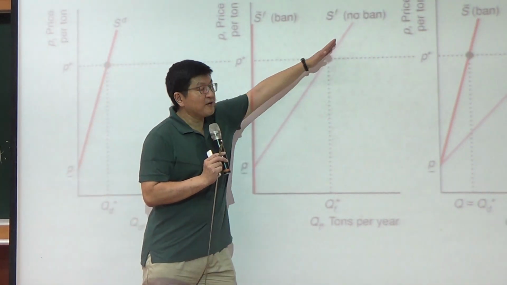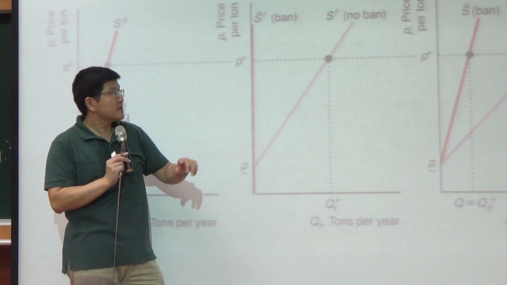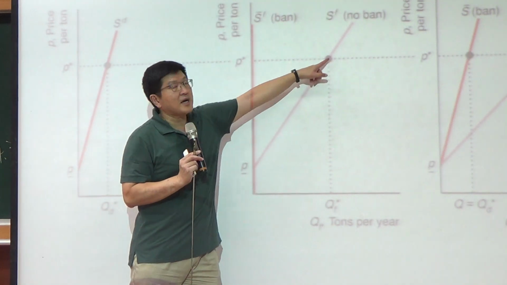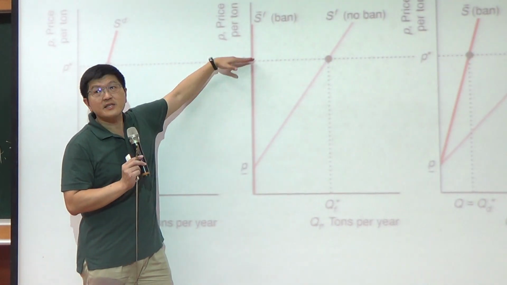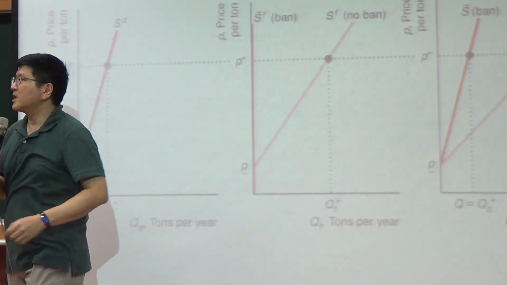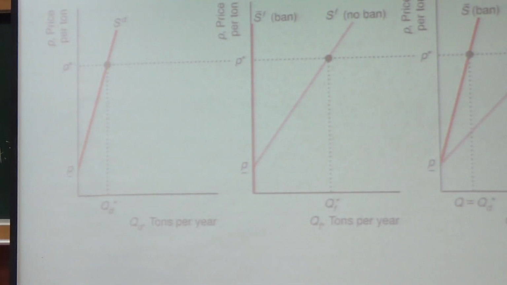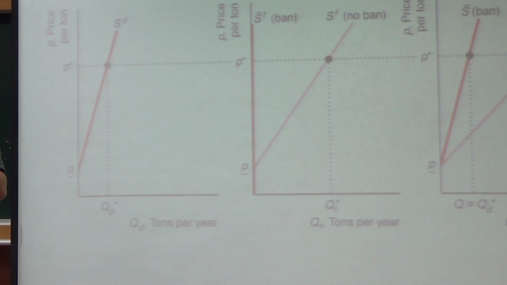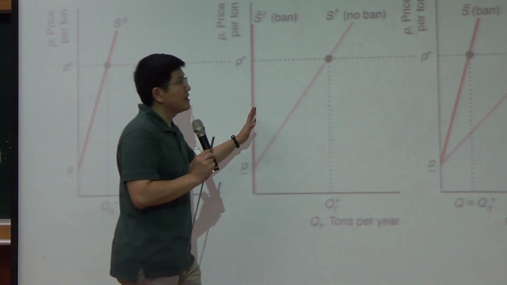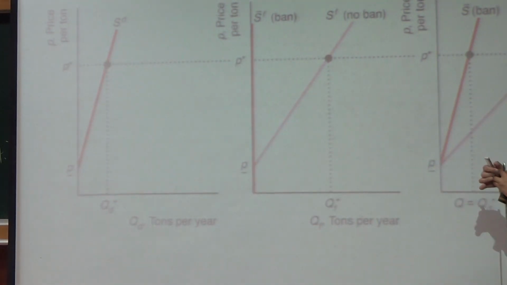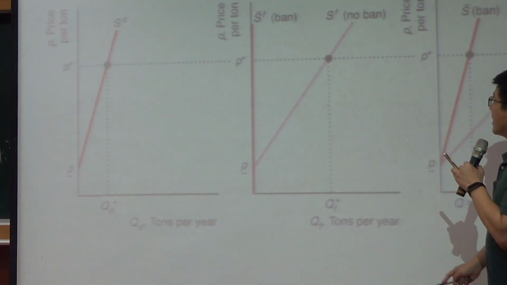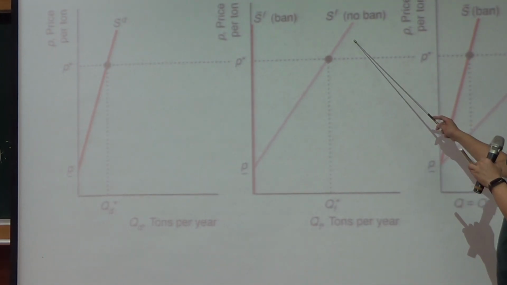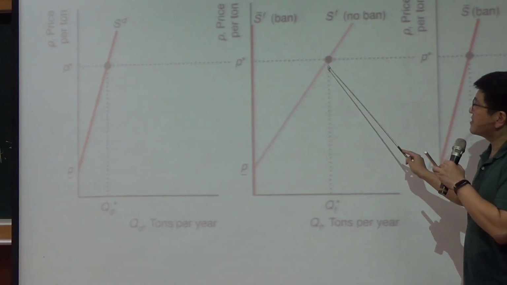The rice supply from foreign countries is a positive relationship, because the higher the price, the more willing foreigners are to export their rice to Japan. So this is the domestic supply, this is the foreign supply. And there are two cases.